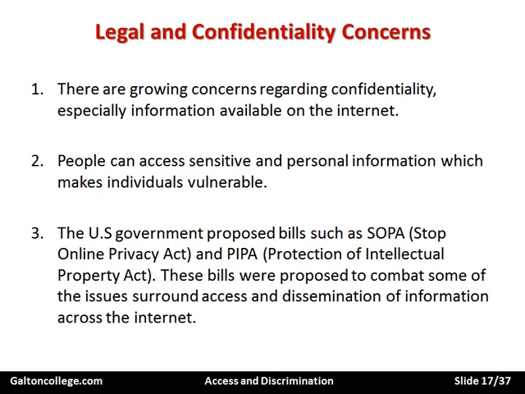The American government proposed bills such as SOPA, Stop Online Piracy Act, and PIPA, Protect IP Act. These bills were proposed to combat some of the issues surrounding access and dissemination of information across the Internet. One of the big issues is the violation of intellectual property on the Internet.